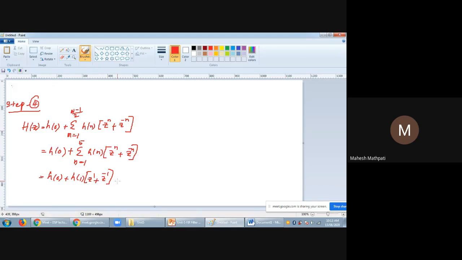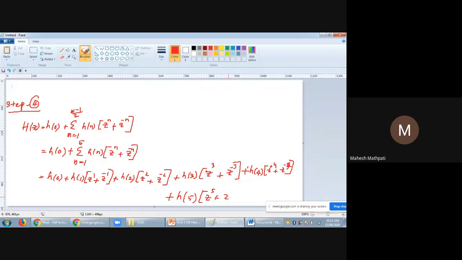Then plus h of 2 multiplied by z power 2 plus z power minus 2, plus h of 3 multiplied by z power 3 plus z power minus 3, plus h of 4 multiplied by z power 4 plus z power minus 4, and plus h of 5 multiplied with z power 5 plus z power minus 5. Okay? I just expanded that expression.